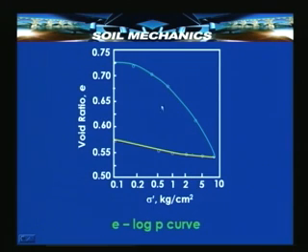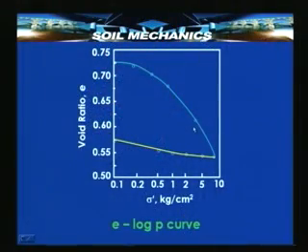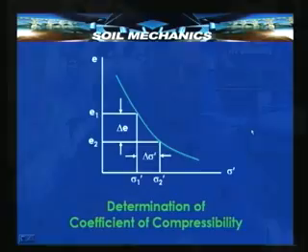But if we want to use an average value, as we said earlier, we can choose two stress values, the second value being 10 times the first value, so that we get the distance here on a logarithmic scale as 1 unit.